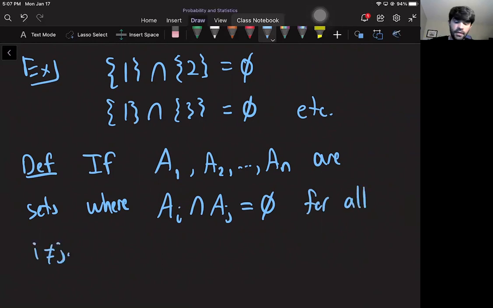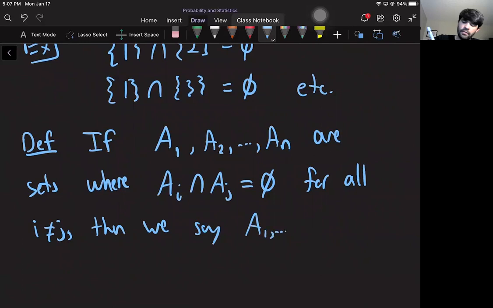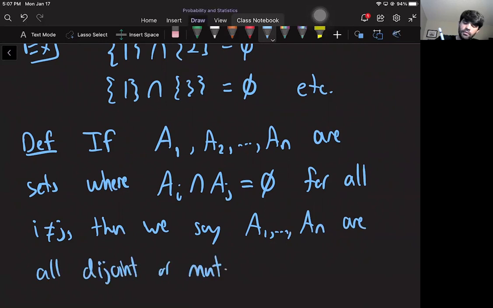So as long as you don't pick the same number, because of course A2 intersect A2 is just A2, which is not the empty set. But as long as you pick two different numbers like 2 and 3 or 2 and 7, and you get the empty set, then we say the sets A1 to AN are all disjoint, or mutually exclusive from each other.